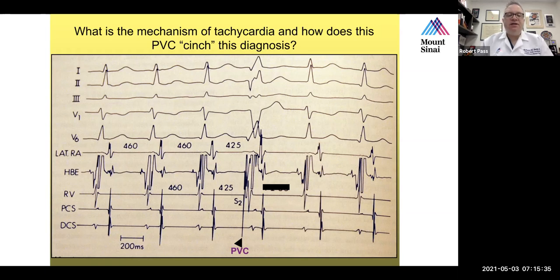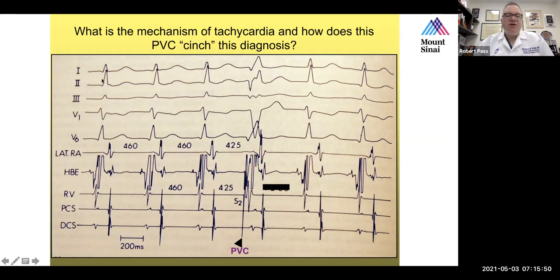I should tell you that the tachycardia rate is cycling 460, right? So we divide our 60,000 by 460, it's a rate of 130 beats per minute.